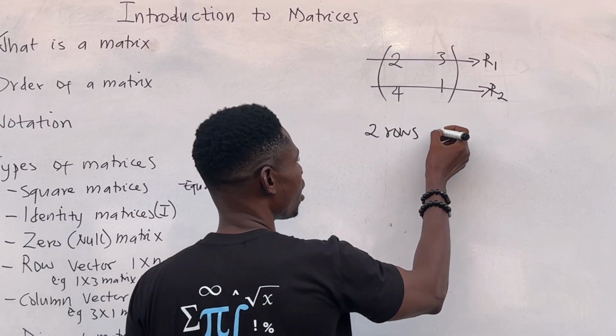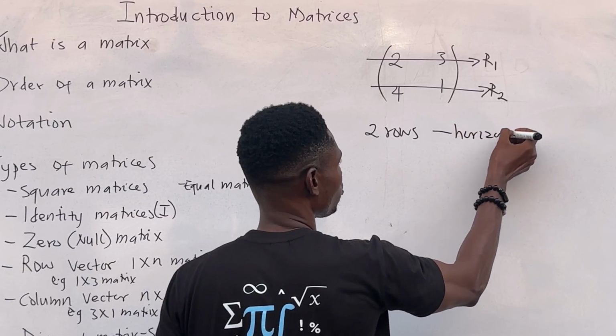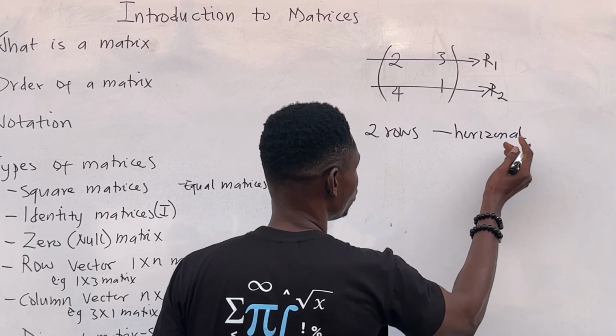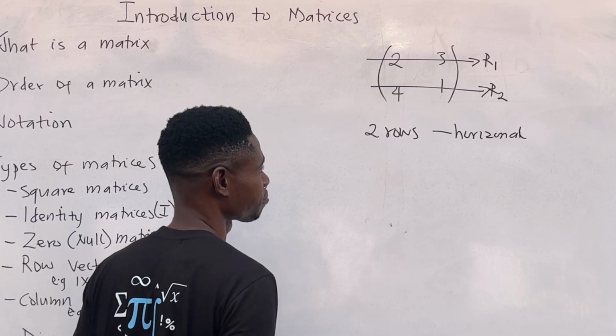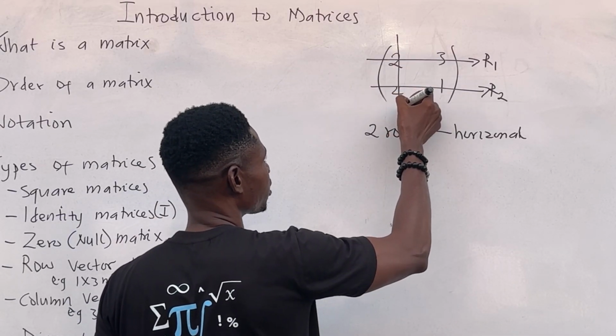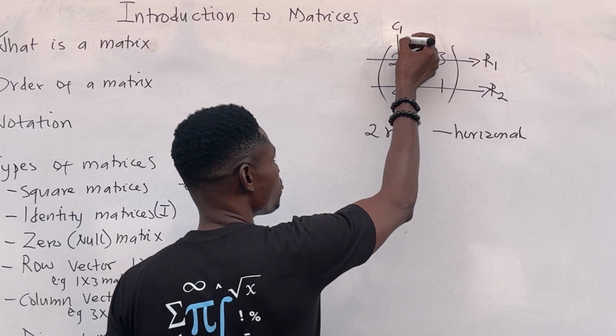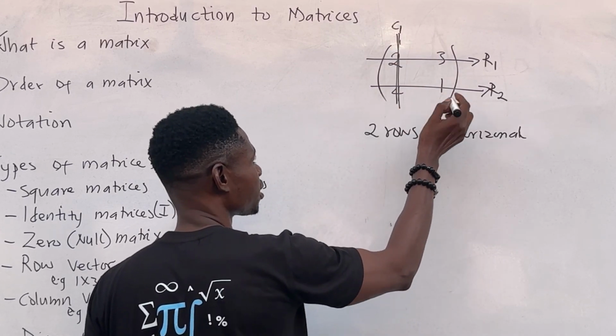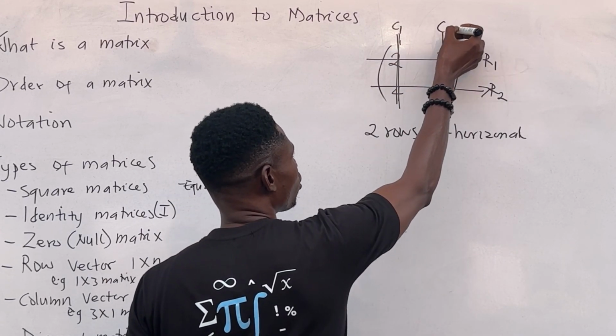So the rows are horizontal. Now watch. How about this arrangement? Vertical. We call them columns. So this is the first column in this matrix. This is the second column.